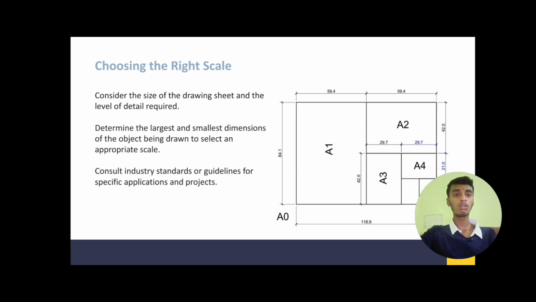Considering the size of engineering drawing sheets and level of detail required, determine the length and smallest dimension of the object being drawn to select an appropriate scale. Consult industry standards or guidance for specific application of a project.